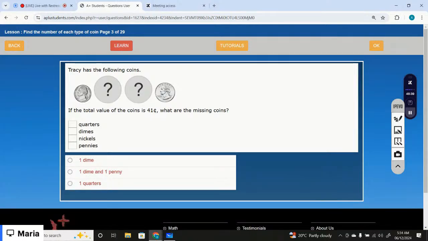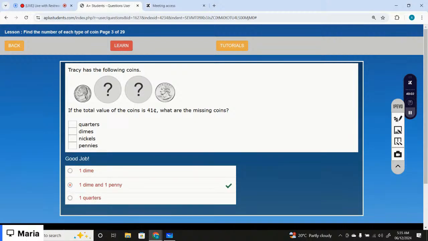Tracy has the following coins. If the total value of the coins is 41 cents, what are the missing coins? Which is the correct option? That is one quarter and one penny.